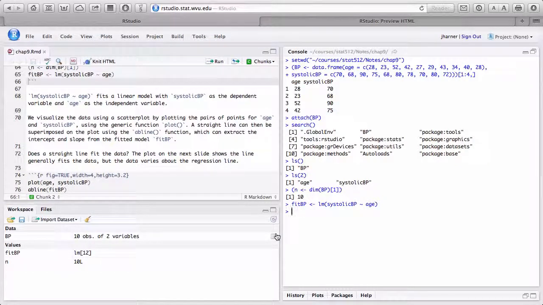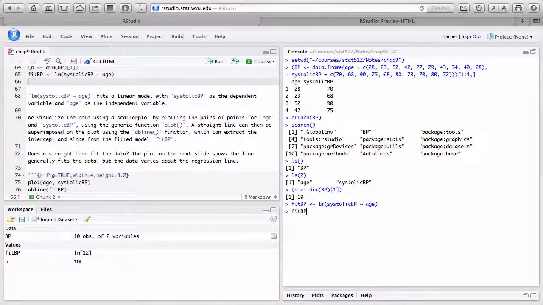Notice that fitBP is now an object that I've created. So let's print it out and see what it is. If I type the name of an object I've created, a default print function is applied to it. And the print function is often pretty simple, in fact simpler than what we probably need.